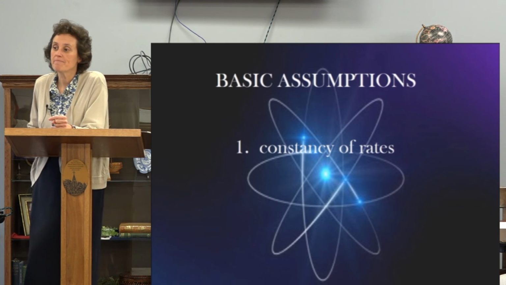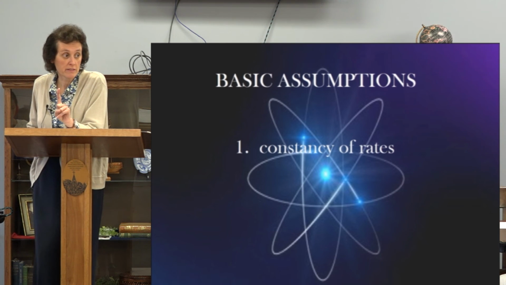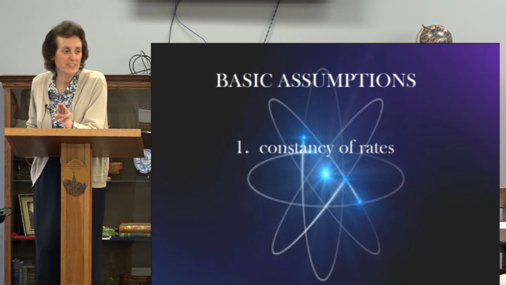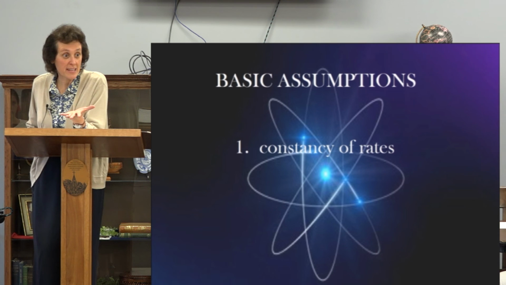Constancy of rates, that is a major assumption. Do radioactive decay rates change? Yes. Do other rates change, like the recession of the moon? Have you heard that argument for a young Earth? Sedimentation on the moon, or sedimentation in the ocean, salt levels of the ocean, dust on the moon, all of those are still the same, and they still make the same three assumptions.